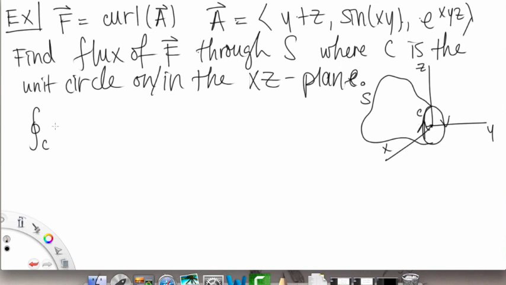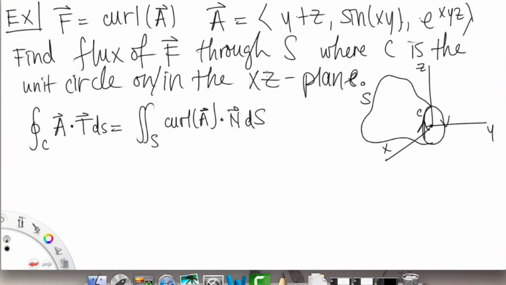Right? So the line integral over C of A dot T ds is equal to, by Stokes' theorem, the surface integral of the curl of A dotted with the normal vector dS. Okay?